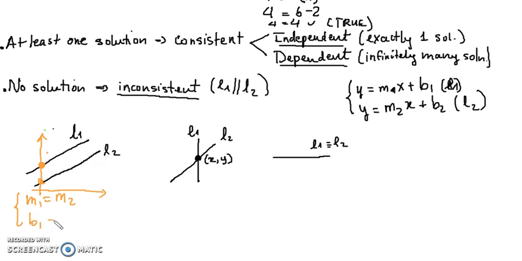So b1 has to be different from b2. For two lines that intersect, the only condition is that m1 has to be different from m2, and that's it. Now, with two identical lines, we have two requirements. The first is that m1 has to be equal to m2, and then b1 has to be equal to b2.